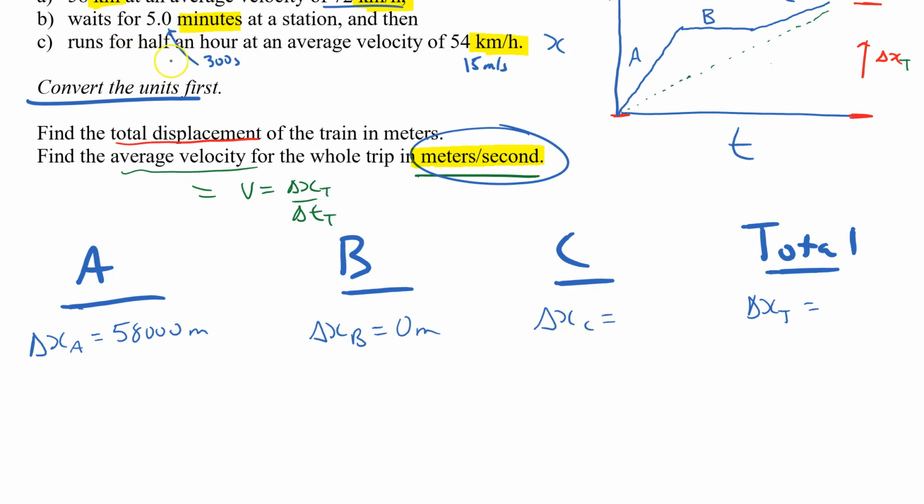They tell us it runs for half an hour. So delta t in this section for part C equals half an hour. Well, if a full hour was 3,600 seconds, this would be 1,800 seconds. And the other information they give us is that the velocity during period C was 15 meters per second.